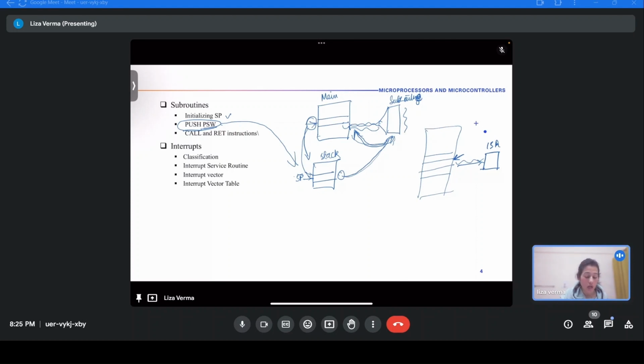And some interrupts can be of highest priority, that whatever the main program is doing, it has to leave that and do this instruction first. So those are non-maskable interrupts. Then like I said, there is some ISR that has to be performed when an interrupt occurs. So, where is this ISR?